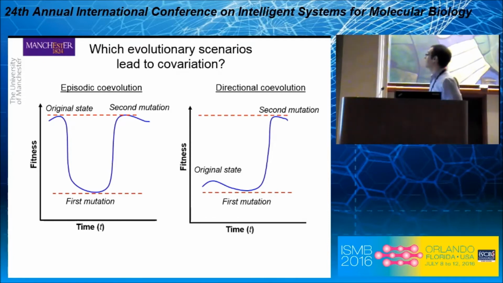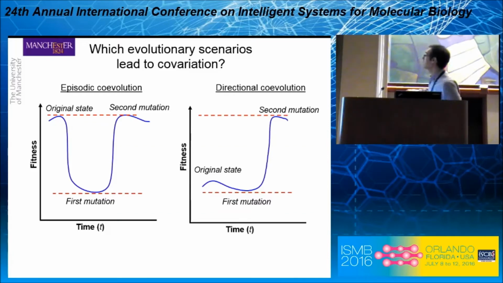In the case of directional coevolution, the first mutation doesn't have a great fitness effect. However, it changes the structural conditions in a way that allows a second mutation to occur. This second mutation, which improves the fitness of the organism, may even be detrimental if that first mutation hadn't occurred before. This type of scenario has been identified in cases of antibiotic resistance.